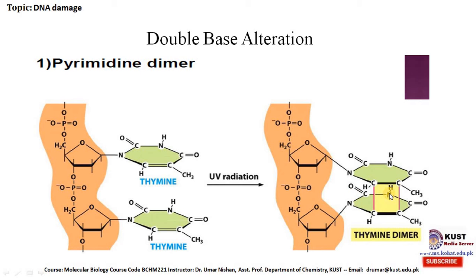This can cause DNA damage because it is now not the normal situation where adenine binds thymine and guanine binds cytosine. Here one can see the formation of this thymine dimer.